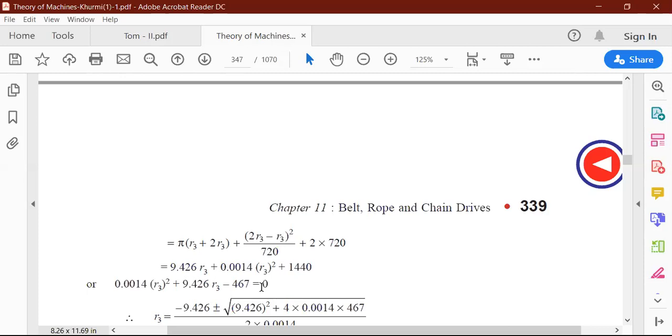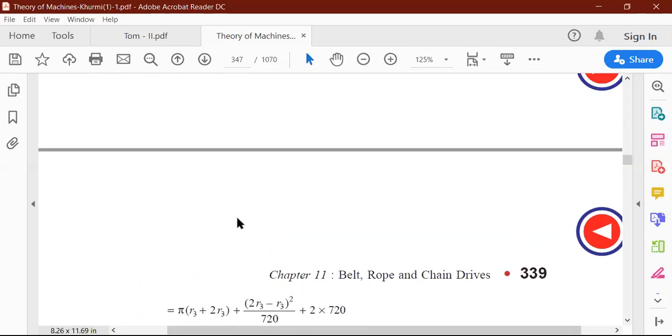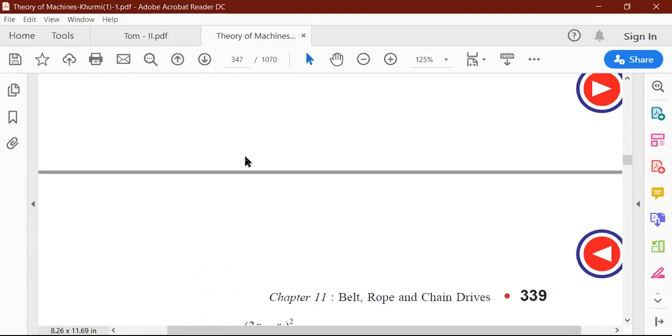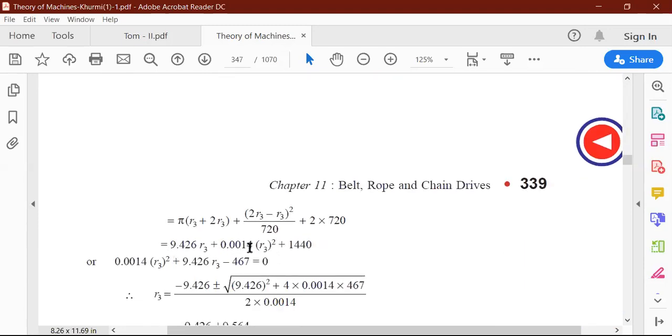Okay. Now here the L is equal to 1907. So simplifying this equation in the quadratic equation format, we get one quadratic equation, that is 0.0014 R3 square plus 9.426 R3 minus 467.